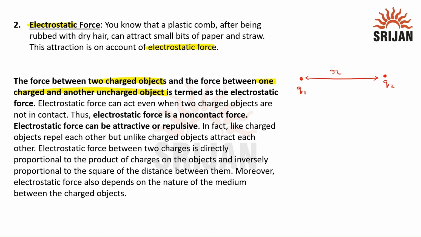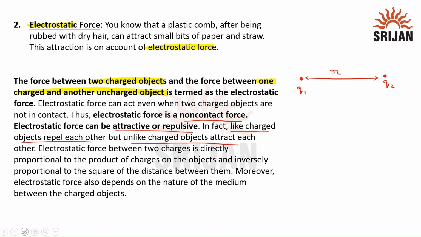So, there will be a force of attraction or repulsion, and this force is what we call electrostatic force. As there is no contact between these objects, electrostatic force is a non-contact force and it can be either attractive or repulsive. Like charged objects repel each other and unlike charged objects attract each other.